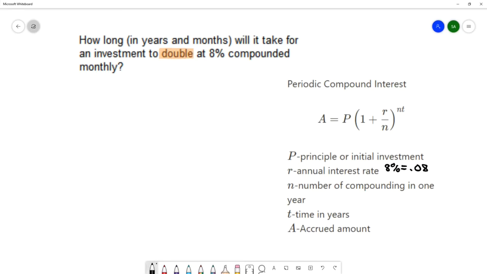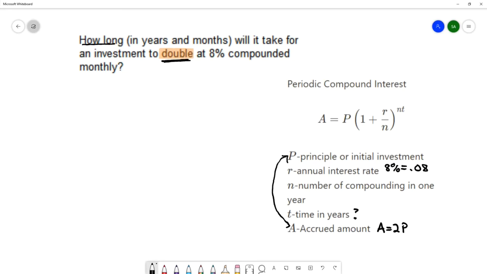The question asks how long, so we know that this is going to be our missing value that we're trying to solve for. And the fact that we're looking for how long it takes to double gives us a relationship between our starting amount and our ending amount. We know that our ending amount should be twice the starting amount.